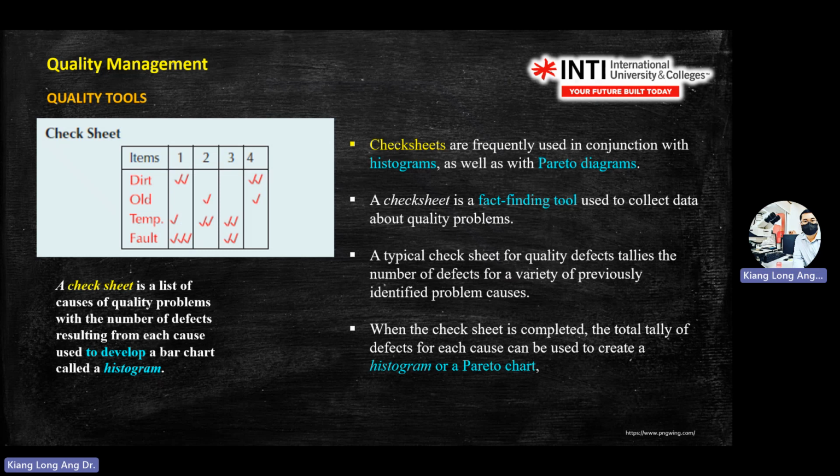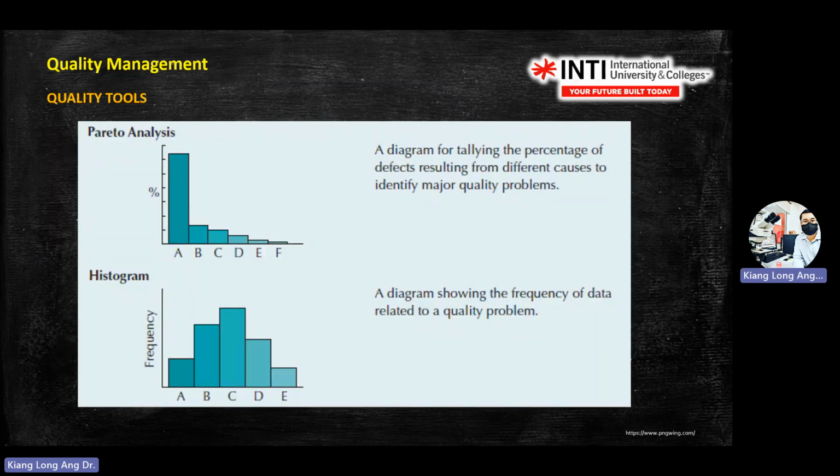The rest you read. From the checklist, you will build this Pareto analysis. So you build this diagram and the histogram. They are two different charts. Although they are both bar charts, the axis is a bit different.